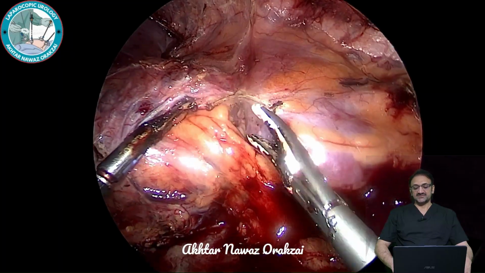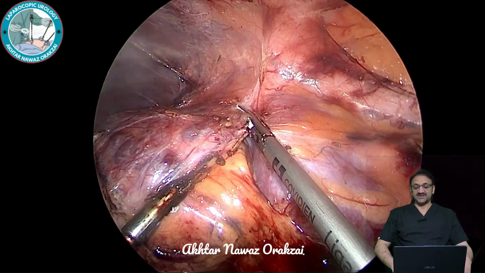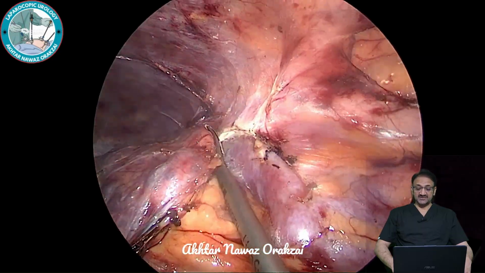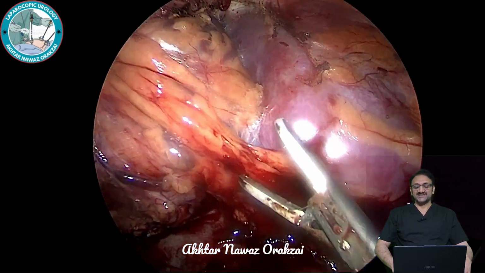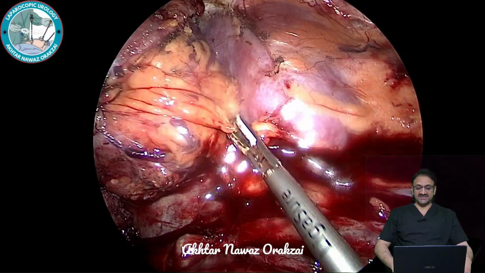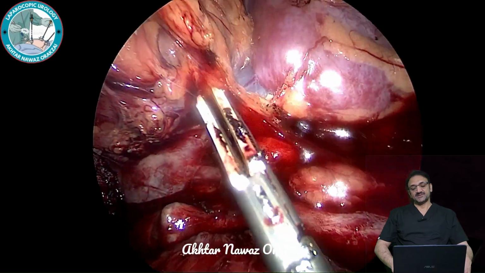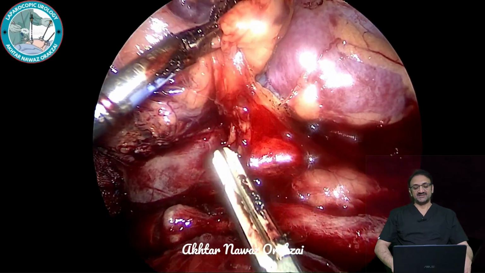So after seeing that there is edema around the renal vein, there is neovascularization, and there may be some bleeding around the renal vein, I decided to go against the principles, and I started to dissect the upper pole of the kidney from the adrenal gland.